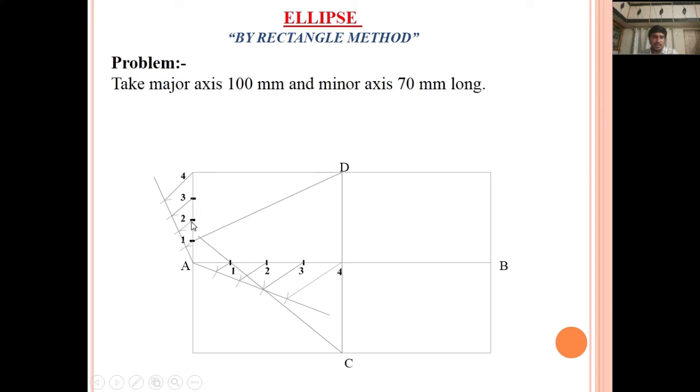Draw a line 2D. From the point C, draw a line through point 2, which intersects the line 2D, and we get one point, this intersection point.